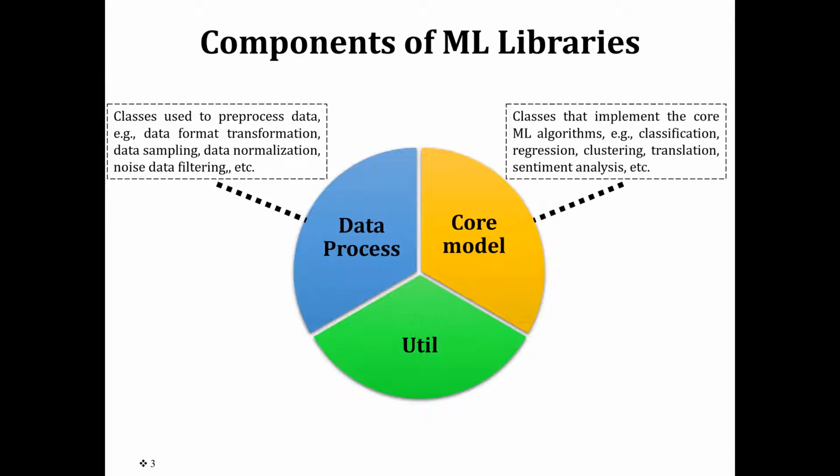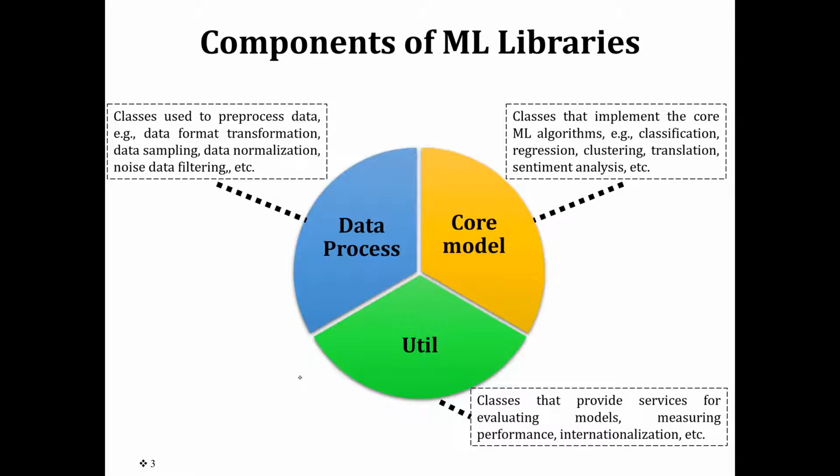The core model usually contains classes that implement the core machine learning algorithms, for example classification, regression, and clustering. The util usually contains classes that provide services for evaluating the models, measuring the performance, and even internationalization.